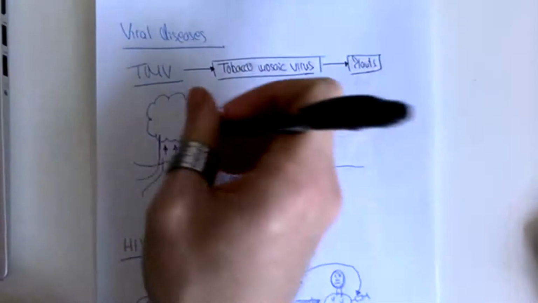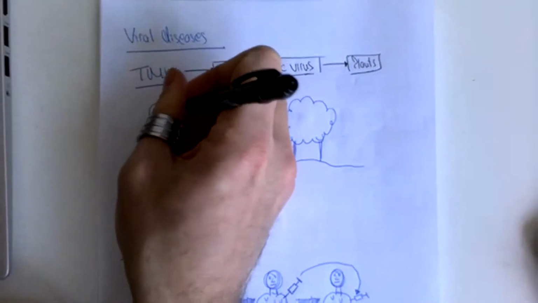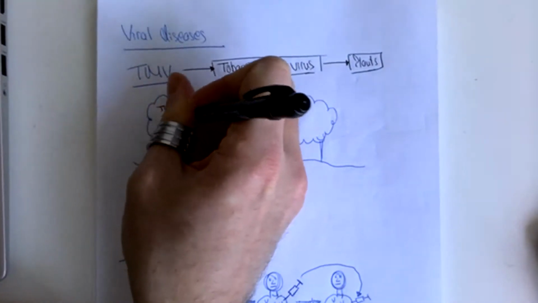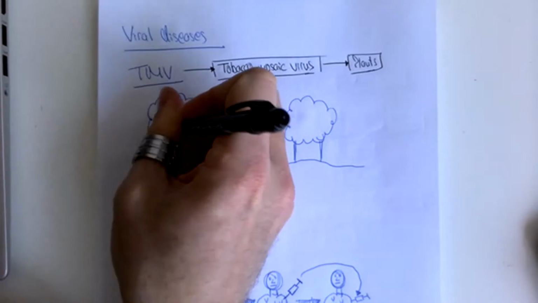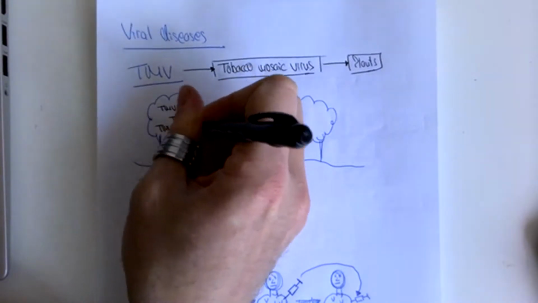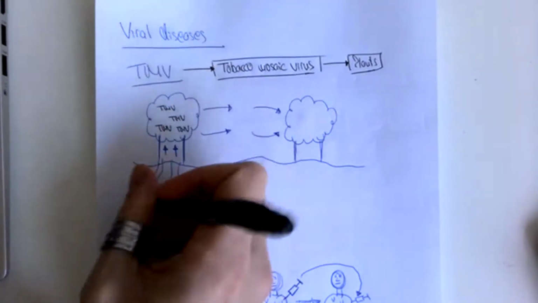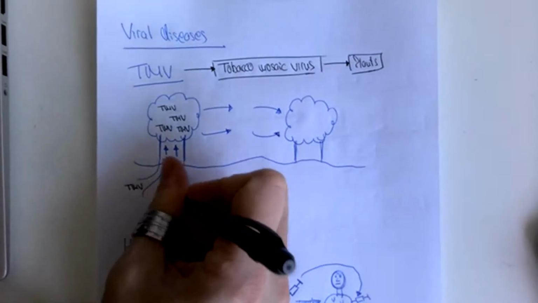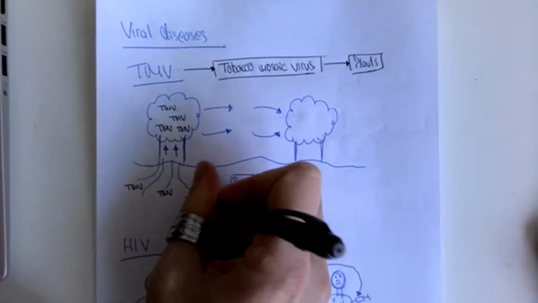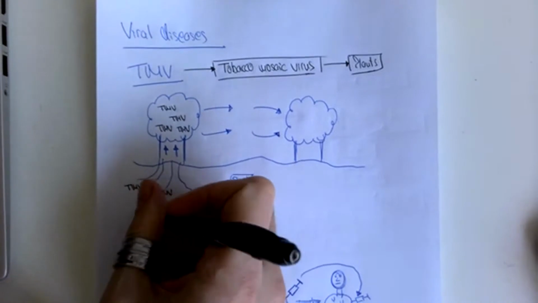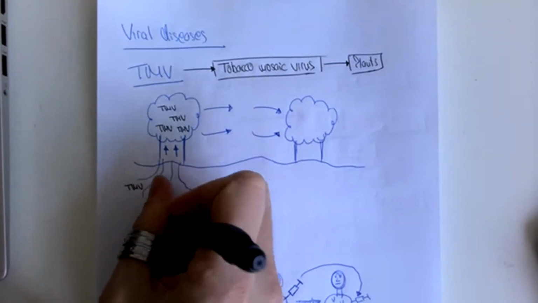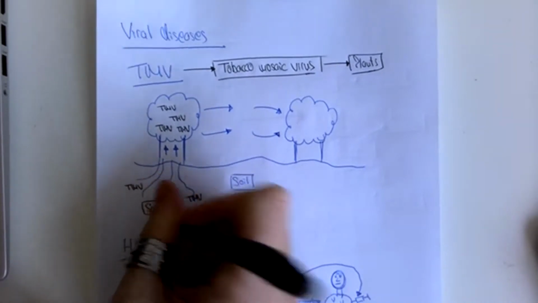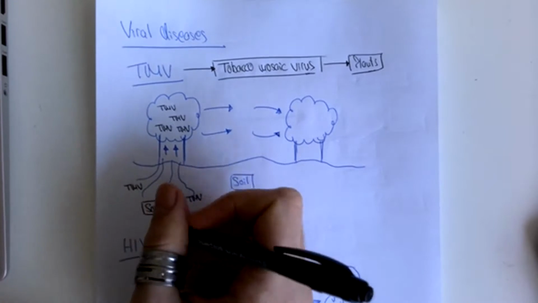Now, when a plant becomes infected with TMV virus, it can come from a variety of different sources. It can come from the soil, as the pathogen can remain in the soil for many decades and then be absorbed by plants.